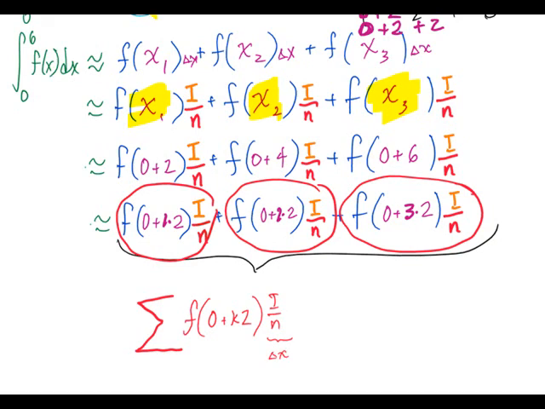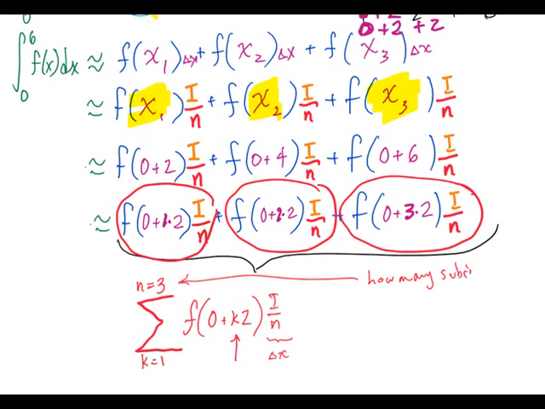Now, how do we tell someone, hey, we want this to be counted up 3 times? Well, I put in that letter k as a variable for the counter. And in sigma notation, that's very common. And we're going to always start at the first of those intervals. And how many are we going to sum up in this case? We're going to sum up a total of 3. And so I'm going to put n equals 3. So this tells us how many intervals there were.